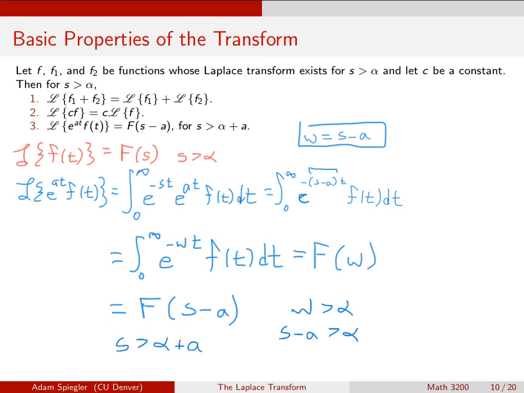So we're going to add whatever the power of the exponent a is to the domain of the Laplace transform of lowercase f. So there we've proved the third property. So we've got these three properties. In the next video, I want to take a look at how we can apply these three properties to calculate Laplace transforms of functions.